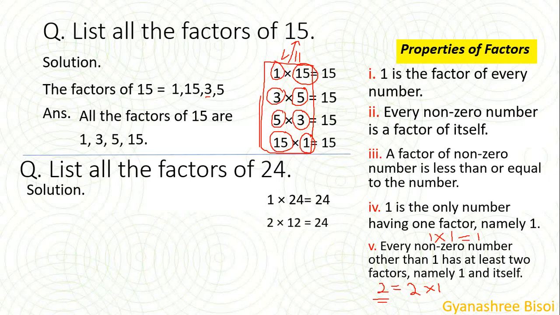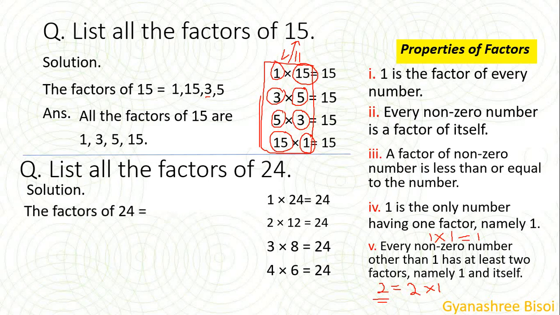Then in the table of 2, 2 multiplied by 12 equals 24. In the table of 3, 3 multiplied by 8 equals 24. Then 4 multiplied by 6 equals 24. I will find all the possible ways by which I can get 24.